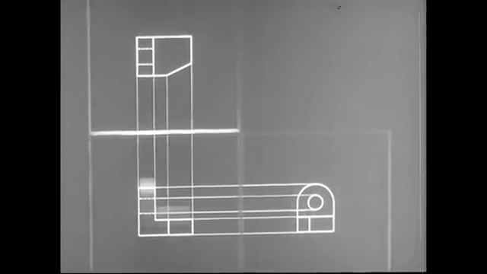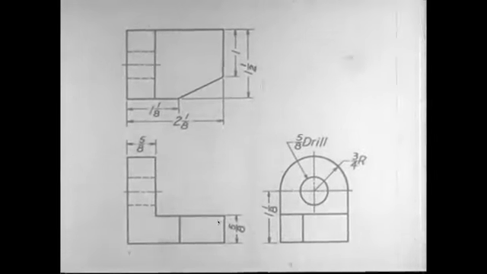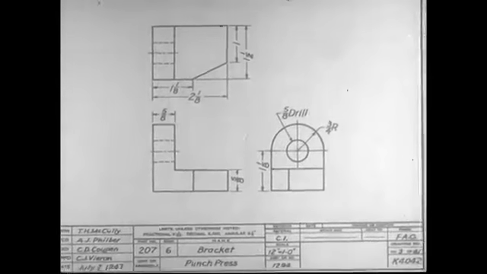With this knowledge, you are able to construct three views that describe the shape of the object completely. When dimensions and notes have been added, your drawing will become a working drawing, and a blueprint made from it will provide a copy for use in the shop.